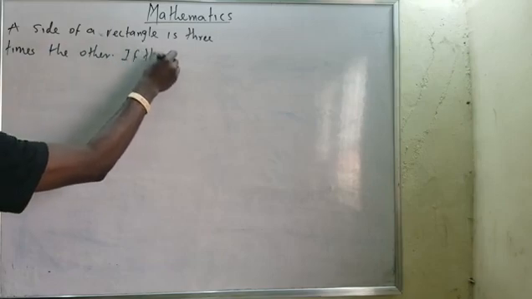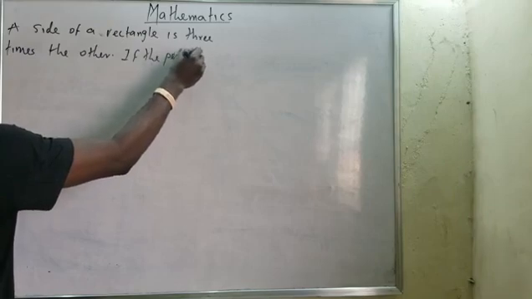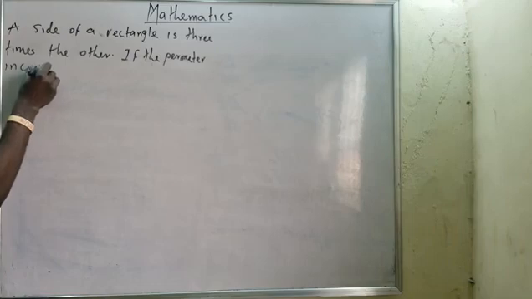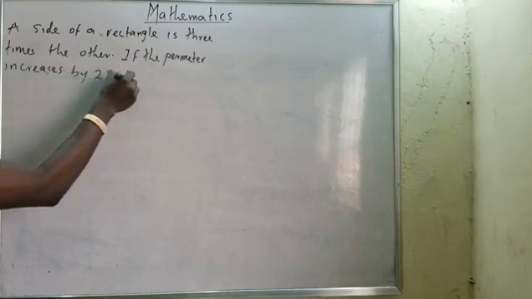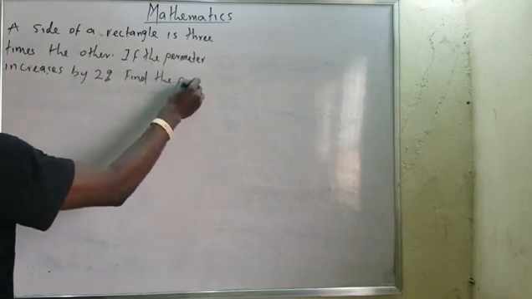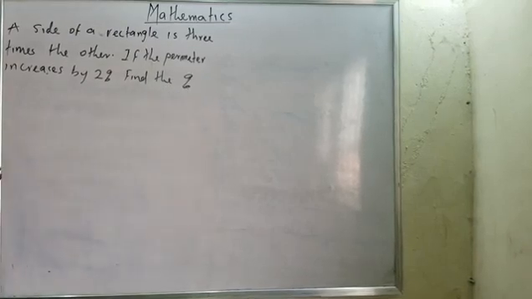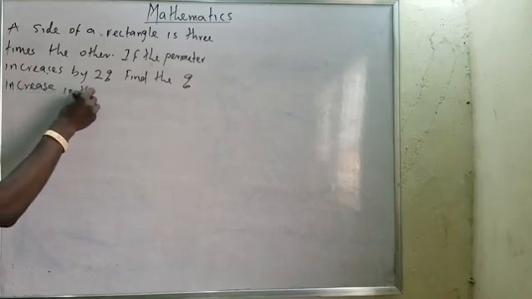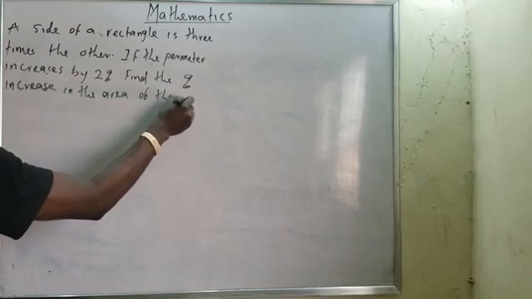If the perimeter increases by 2%, find the percentage increase in the area of the rectangle.